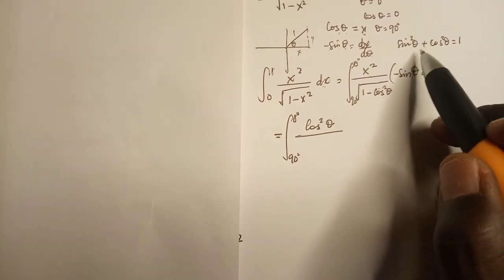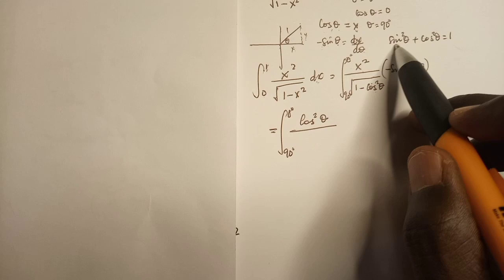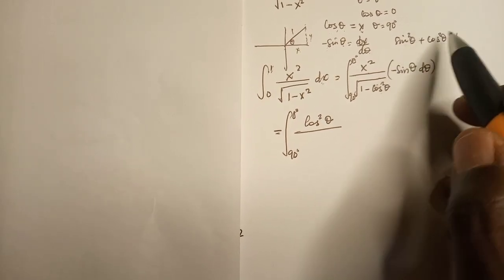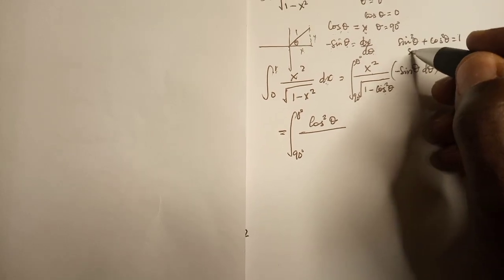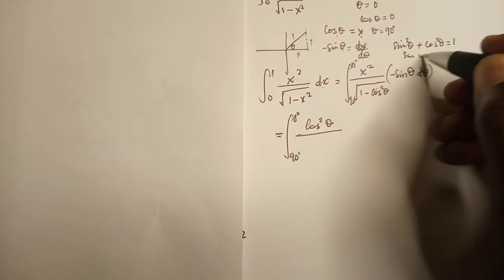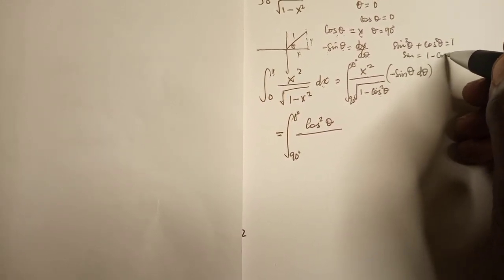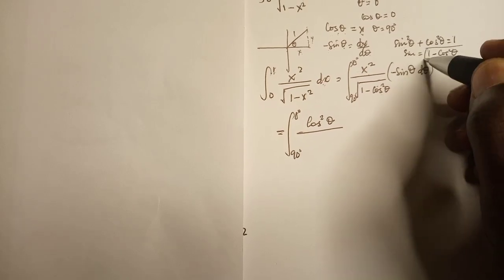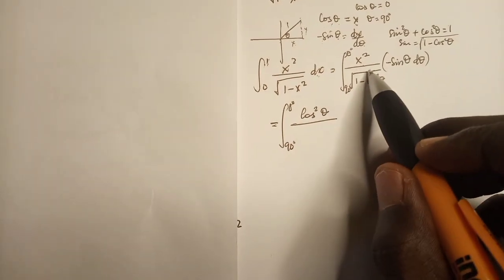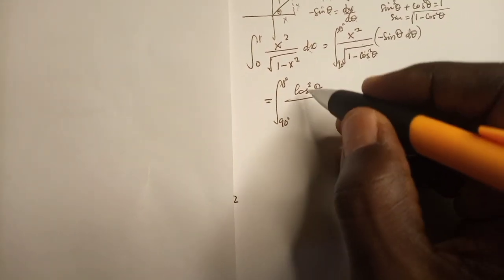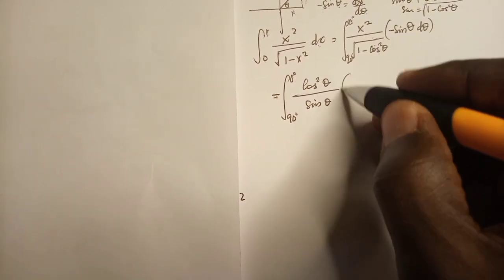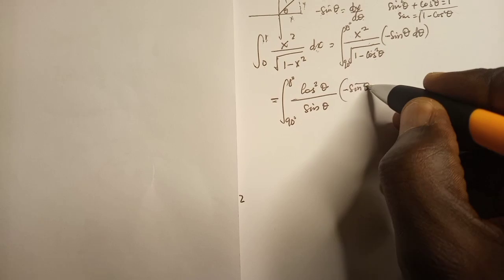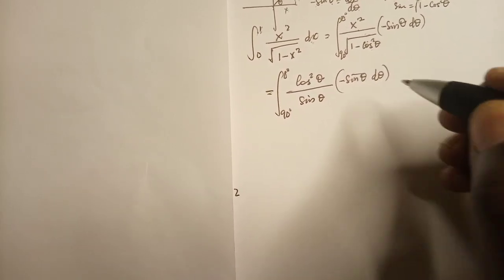Making sine the subject, sine equals the square root of 1 minus cos square theta, so that equals this. This can be substituted, so we have sine theta here, and we still have a negative sine theta d theta.